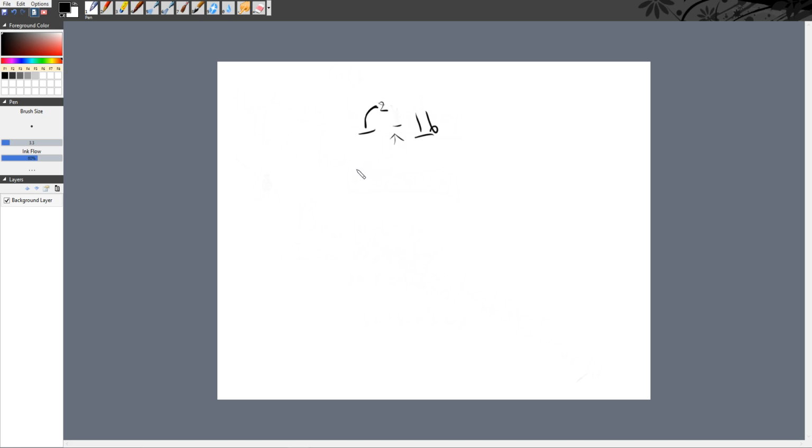And the way you do this is, again, you kind of have to square root this, but since it's negative 16, it's not really possible to get an exact square root.